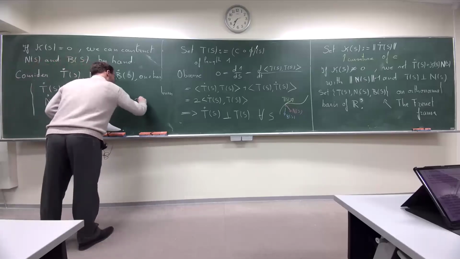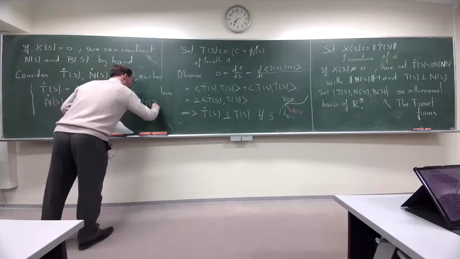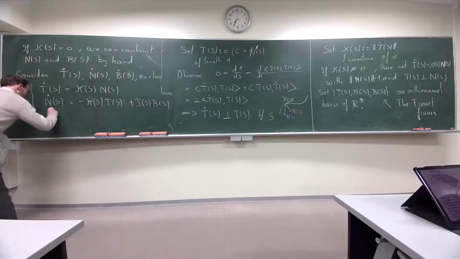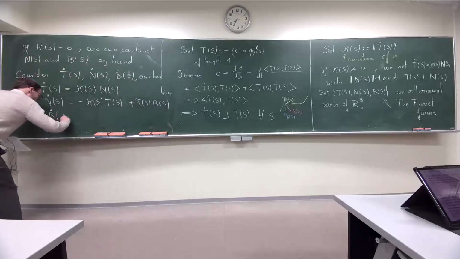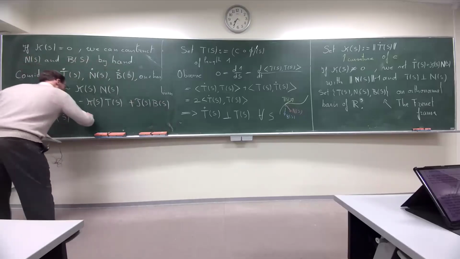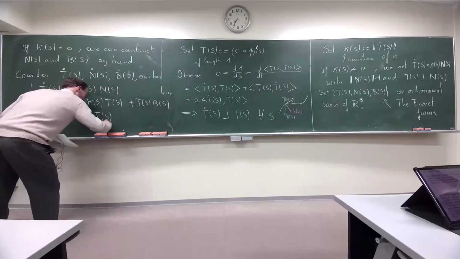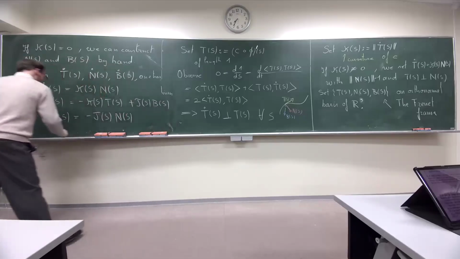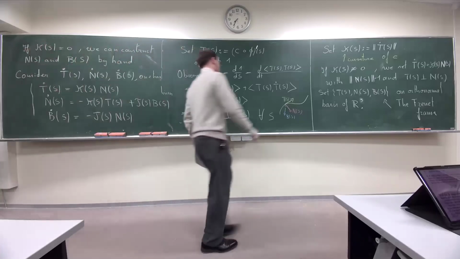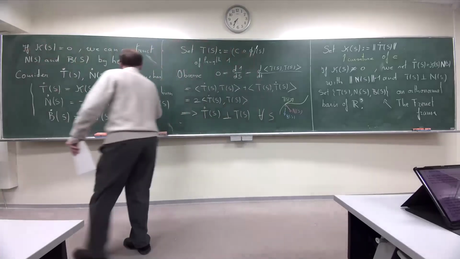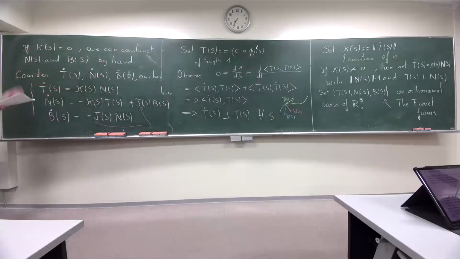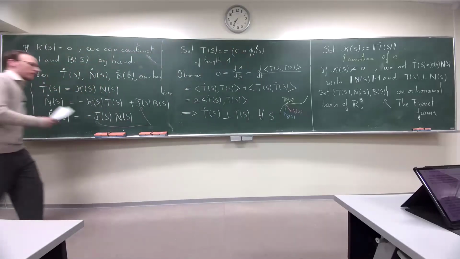plus tau of S times B of S, and similarly for B dot. So you do not have too much freedom. They have to satisfy this system. And what is this tau? We have two times the same tau. This tau is called the torsion.